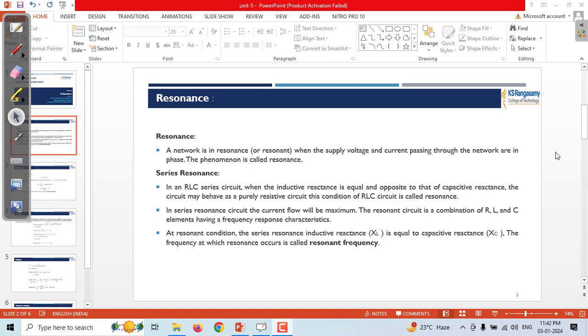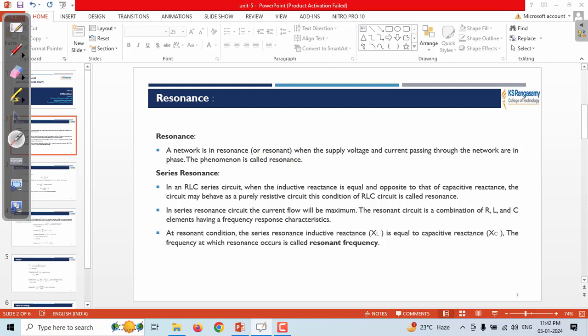That particular frequency is called the resonant frequency. So a network is in resonance when the supply voltage and current passing through the network are in phase.